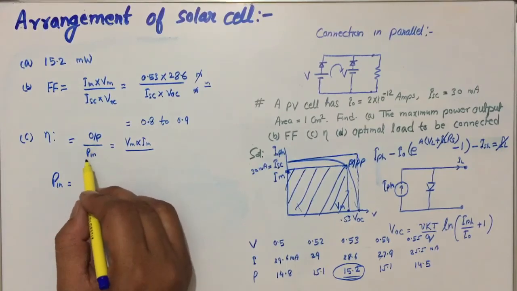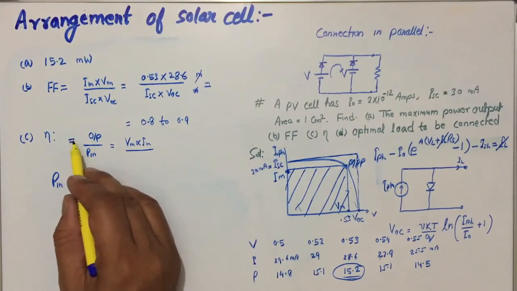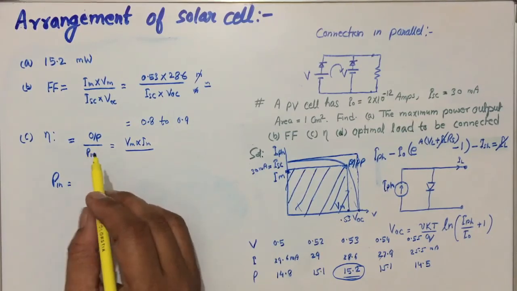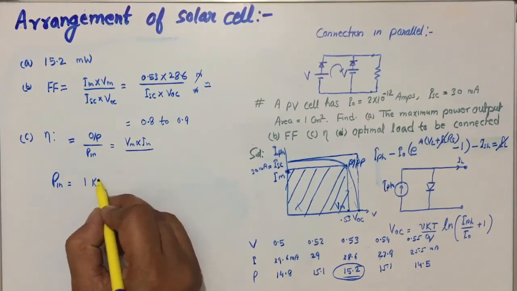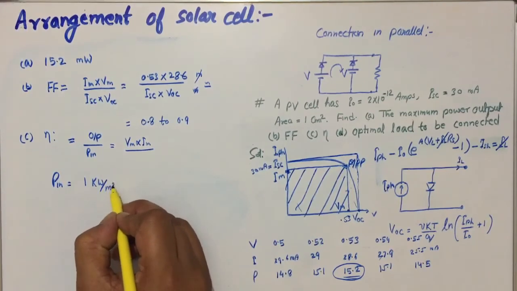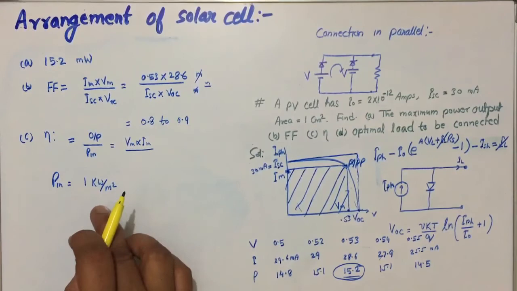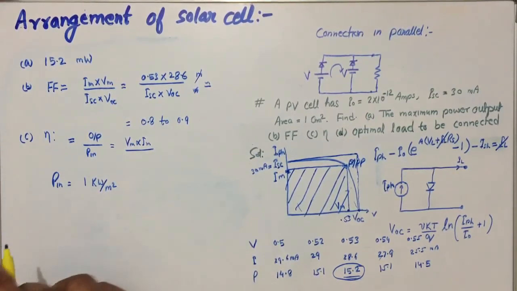This is actually the input power that is coming to the solar cell, that is the power available in the solar insolation, which is 1 kilowatt per meter square. We assume this, though it varies a little bit, but we can assume this value.